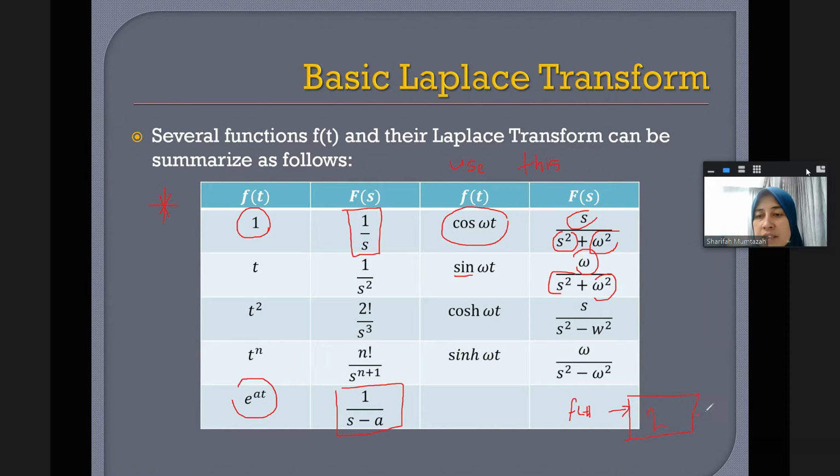Now very important, this is accepted worldwide, not something I like arbitrarily. Time domain, you use small letter f. Frequency domain or spatial domain, you use capital F, all right?